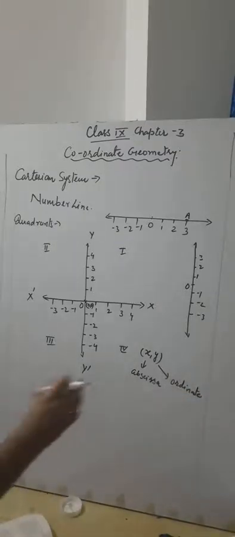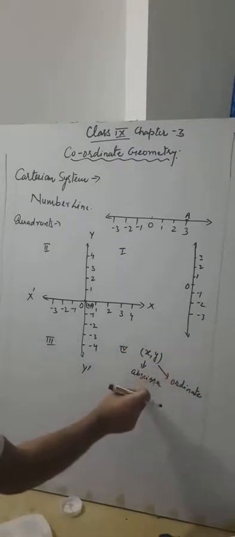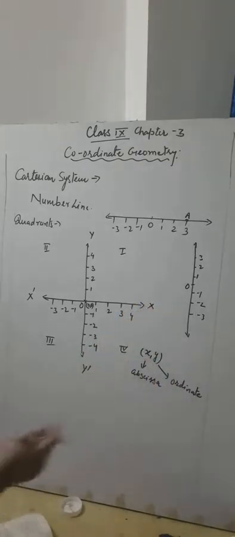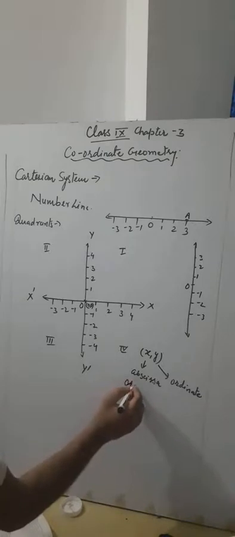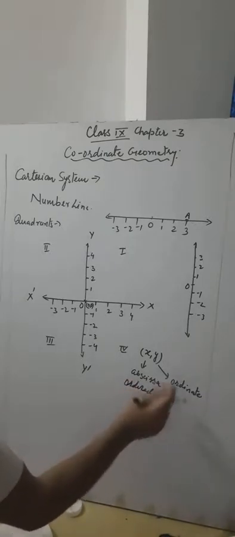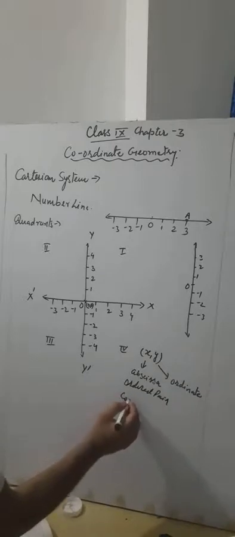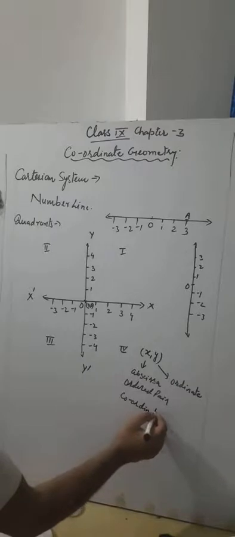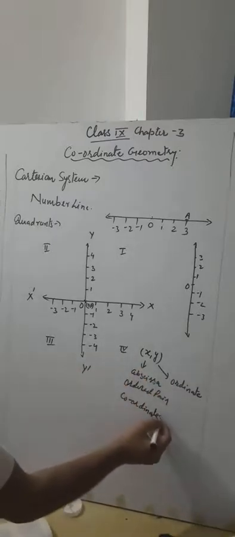And the combination of abscissa and ordinate is called an ordered pair, and this ordered pair is called coordinates.